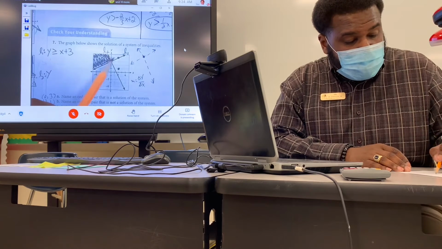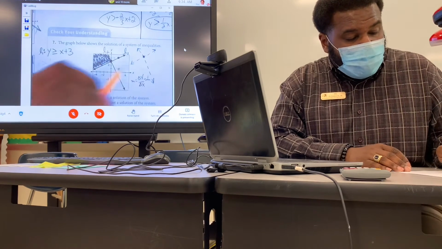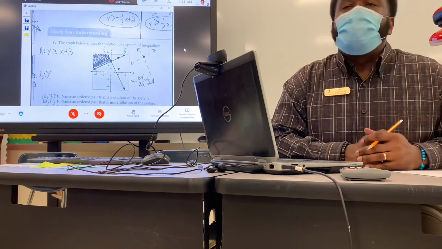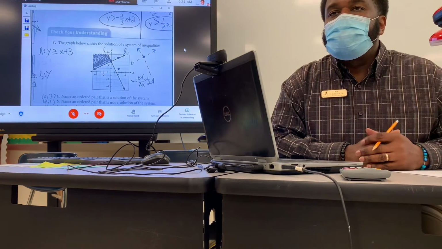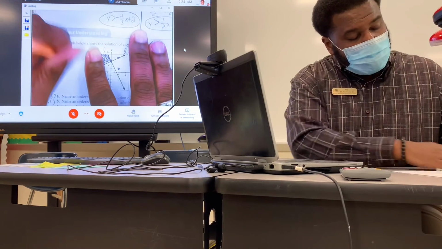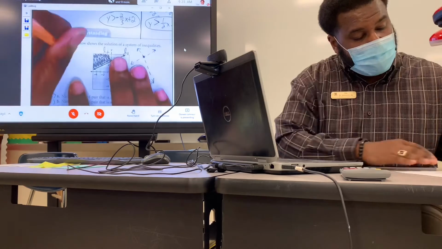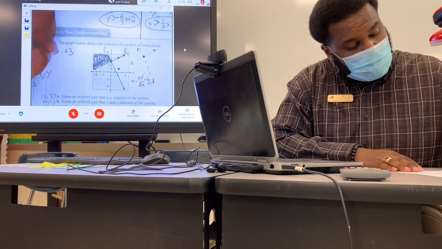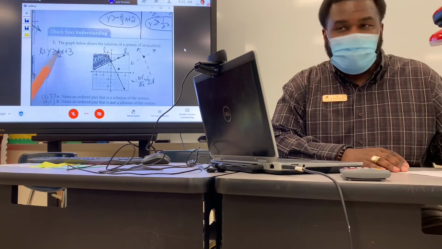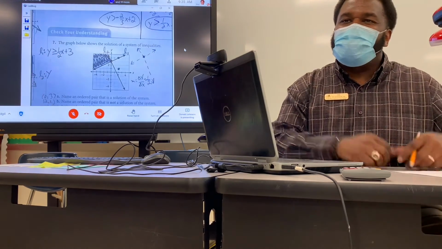And then we go to the right how many? 2. Jolie, what is that slope? It sure is. Good job. y is equal to 1/2 x plus 3. You did your thing, Jolie.